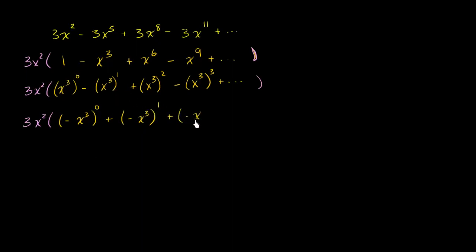Plus negative x to the third to the second power. Plus negative x to the third to the third power. That's this term right over here. -1 to the third power is -1, and of course, x to the third to the third is x to the ninth. And it keeps going. And so this makes it a lot clearer what our common ratio is. Our common ratio here is negative x to the third.